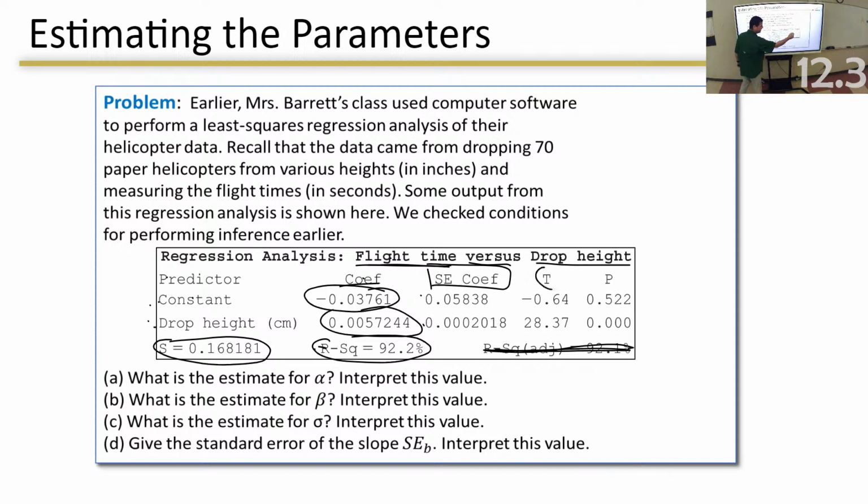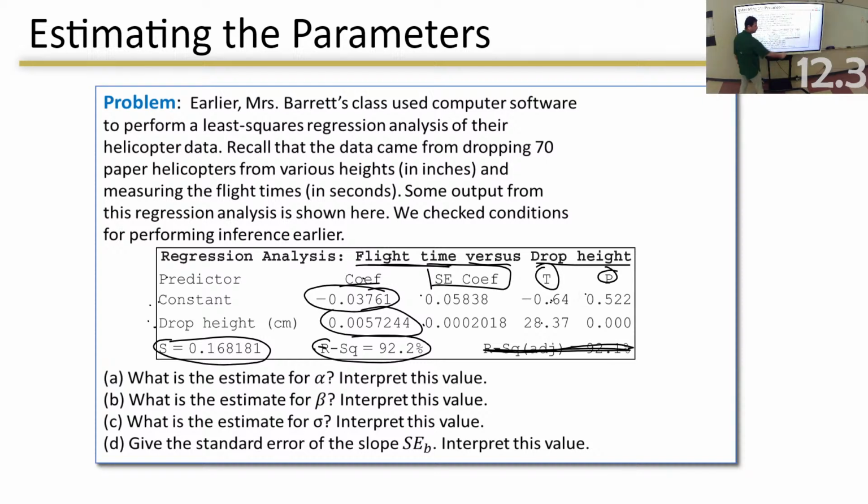Here is the t. That is the test statistic. So we're using t's again. We have z's, t's, chi-squares. We're going back to t's. That's the test statistic for the y-intercept. Again, we won't use that. That's the test statistic for the slope. 28. Holy cow, it's huge. That's the p-value.